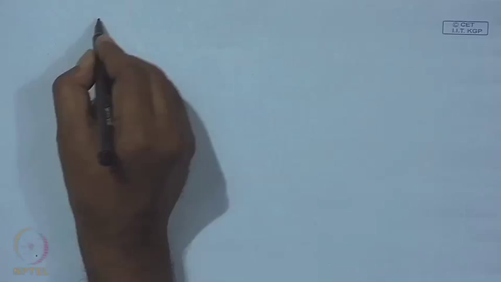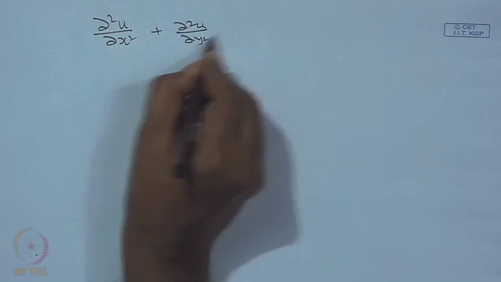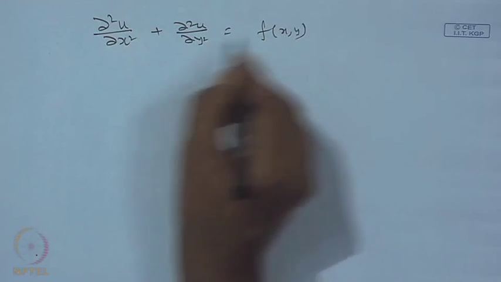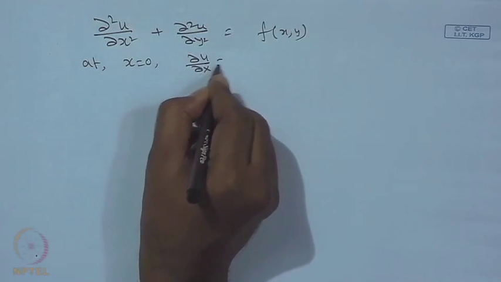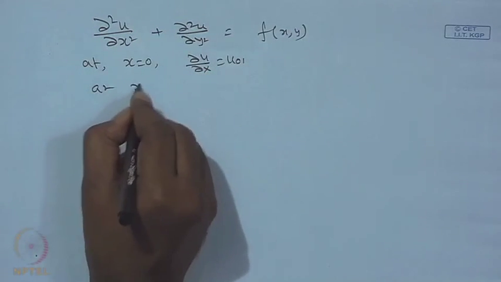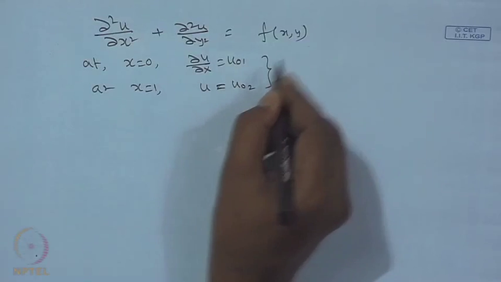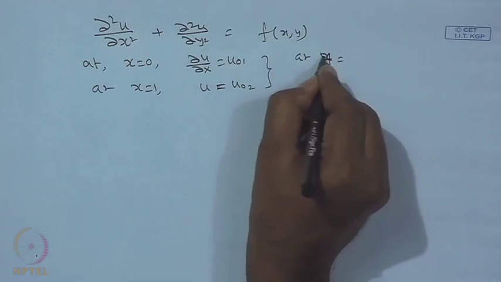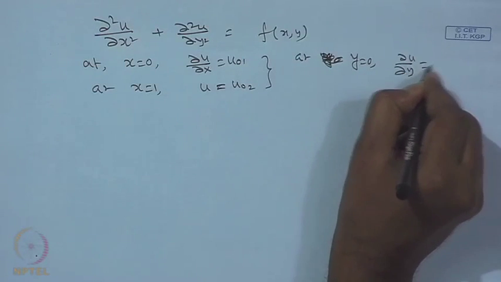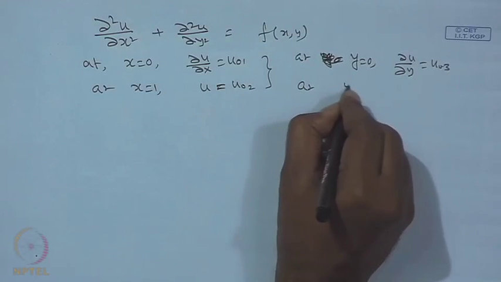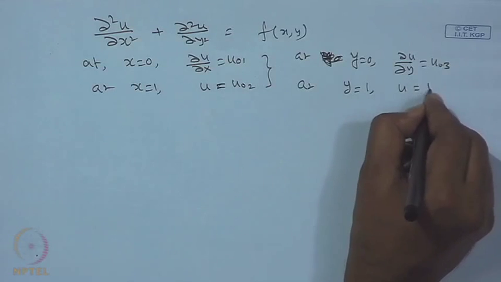So, if you are talking about a problem like del square u del x square plus del square u del y square is equal to f of x y, and at x is equal to 0 del u del x is equal to u01, at x is equal to 1 u is equal to, let us say, u02, at y is equal to 0 del u del y is equal to u03, and at y is equal to 1 we have u is equal to u04.